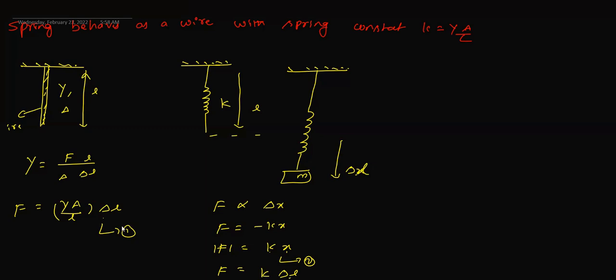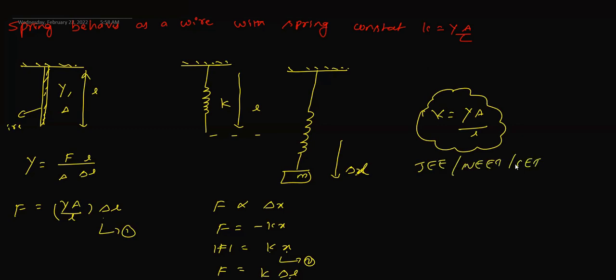If you compare these both, K equals YA by L. This is one important relation to solve all JEE, NEET, CET numericals. We need to remember this relation K equals YA by L, where K is the spring constant, Y is Young's modulus, A is the area of the wire, and L is the length of the wire.